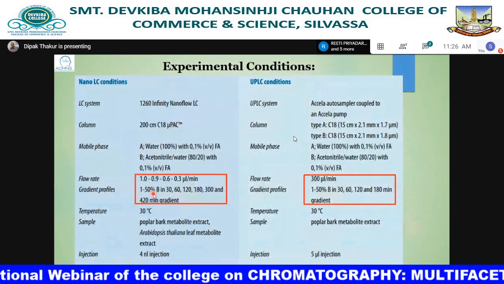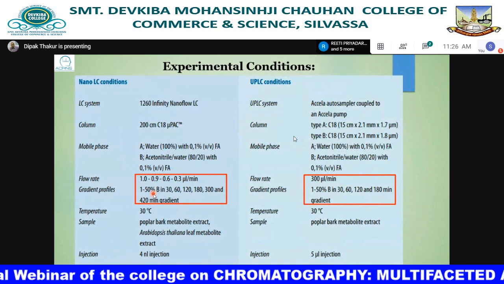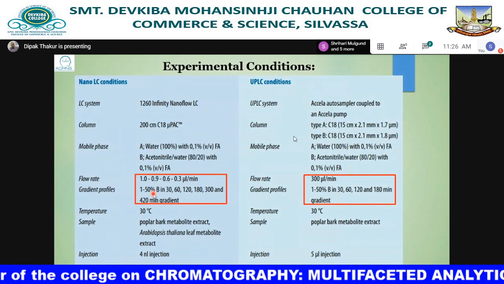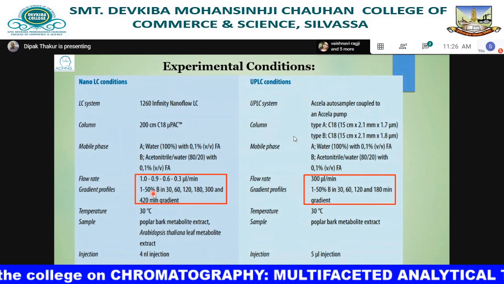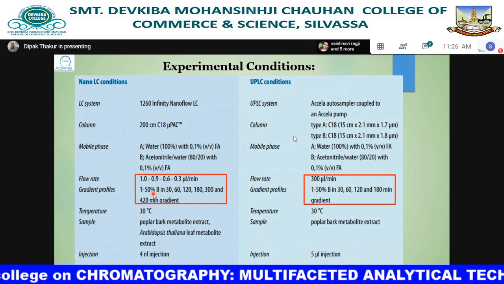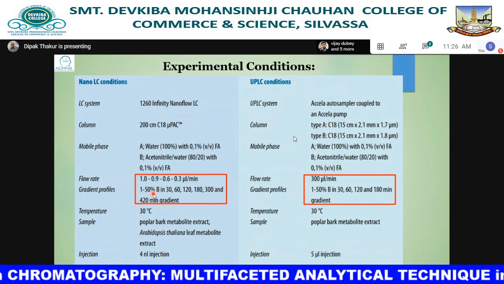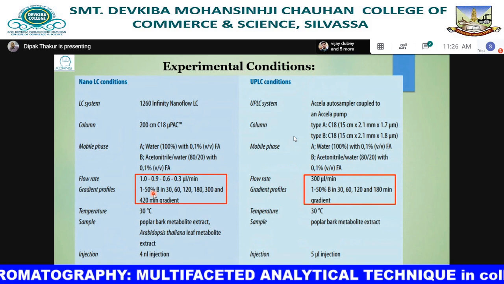First, we'll look at the differences between the current state of the art conditions, which are on the right hand side, and nano LC conditions, especially when we use the micropack column. You need a nano flow LC.